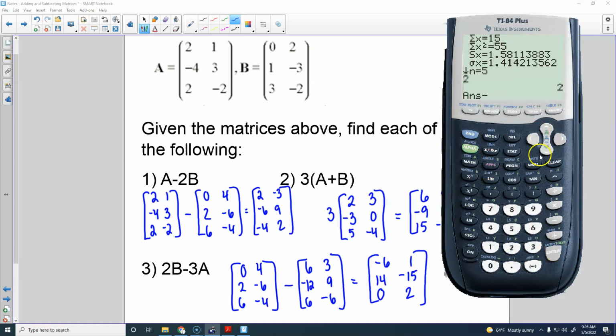So once those are in, now I could type in, if I go to the matrix menu, I could tell it A minus 2. Go back to the matrix menu, tell it B, and it'll give me that answer. As long as you type everything in right, you're less likely to make a mistake with that, but it also takes you about as long to type it in as you could probably just do it in your head for a lot of these.